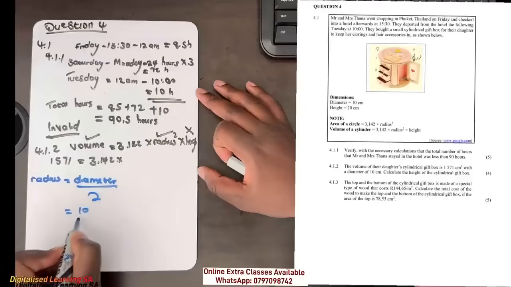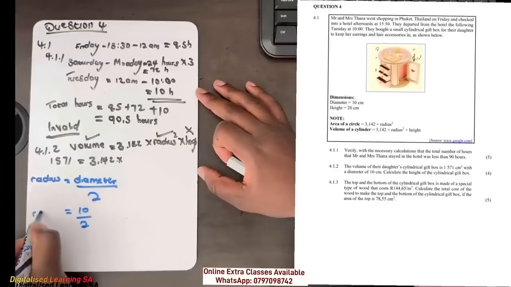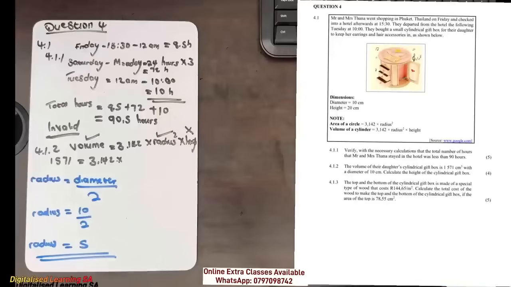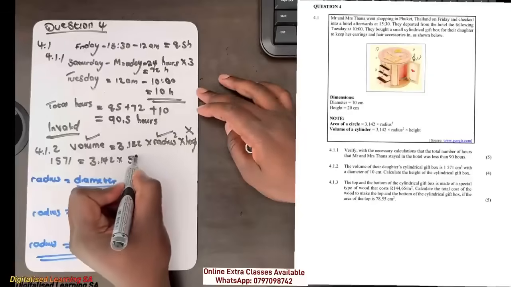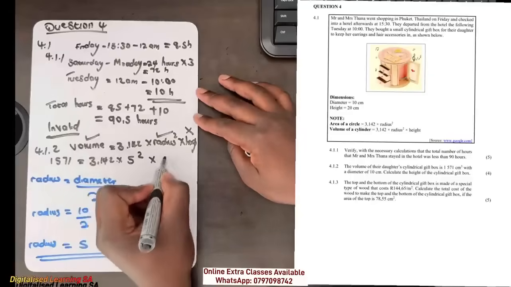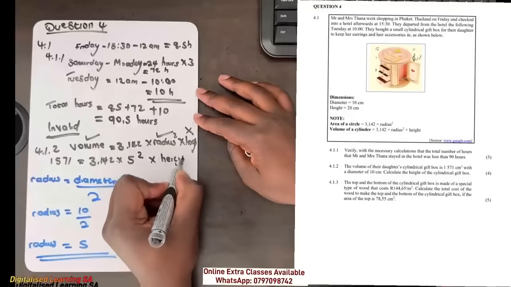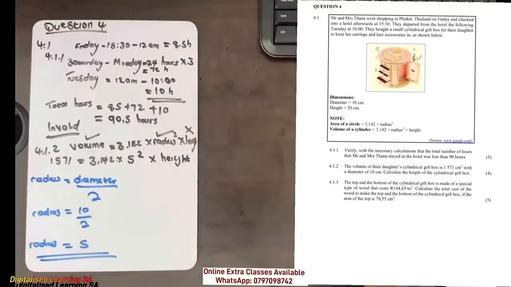Our diameter was 10 divided by 2, meaning that our radius will be equal to 5. So that's our radius, guys. And then our radius will be 5 to the power 2 multiplied by our height, the one that we are looking for.